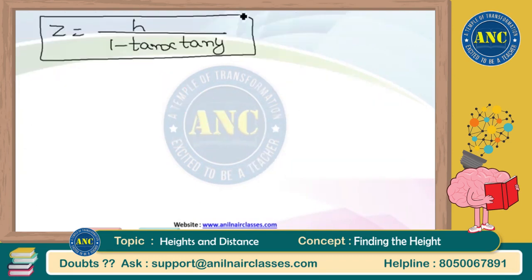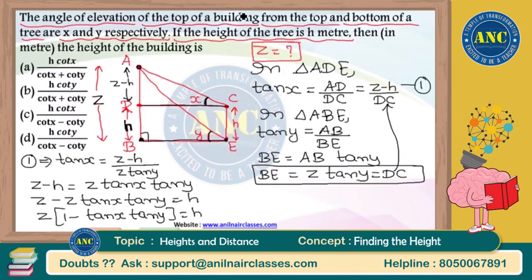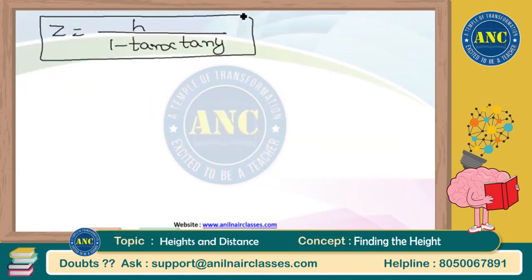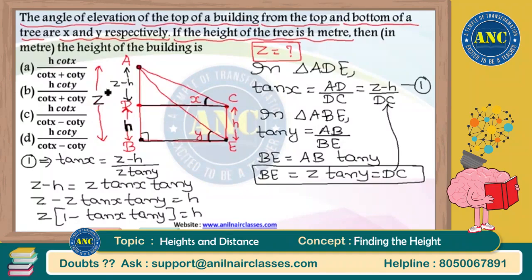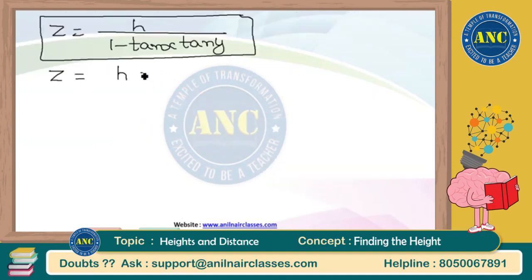Now, let me try to solve like this so that you will get the answer. Let me teach you how you can convert this to cot. Z equal to H times, now see here, if you observe carefully, the numerator is either multiplied by cot x or cot y. Suppose I multiply by cot x, the denominator also I should multiply by cot x.